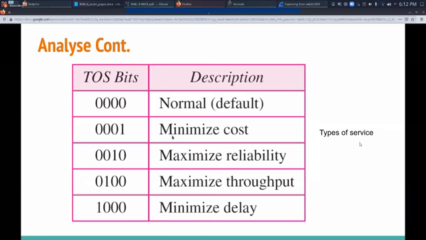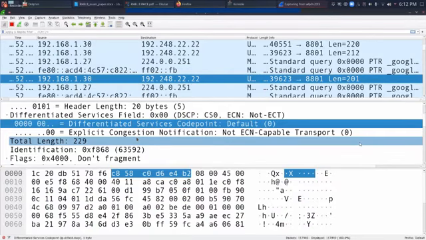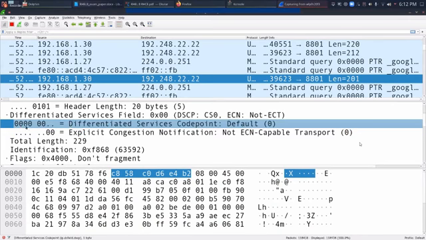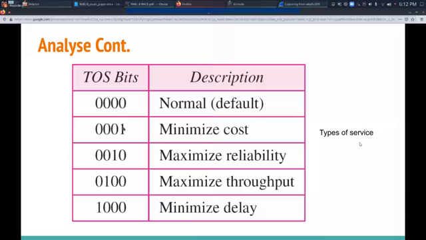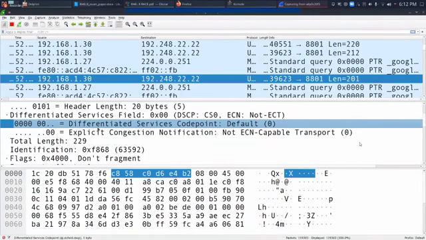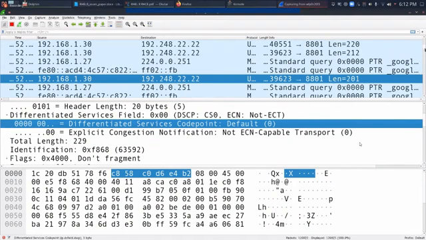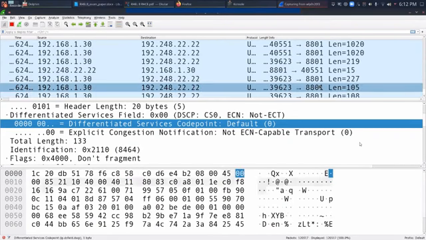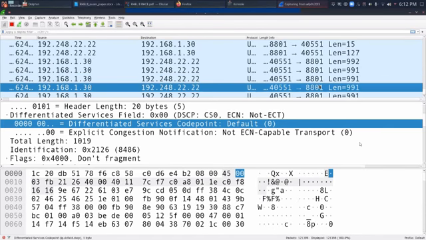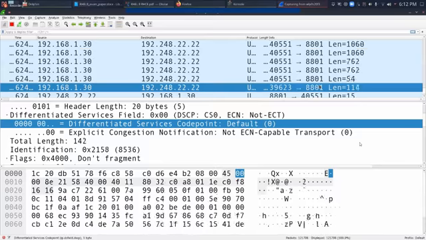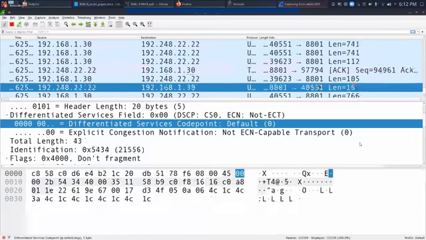If you want to minimize the cost, that will be 0001. Unfortunately, I can't show you that type of example here, because everything is going through the default normal prioritization, where everything is treated as equal.